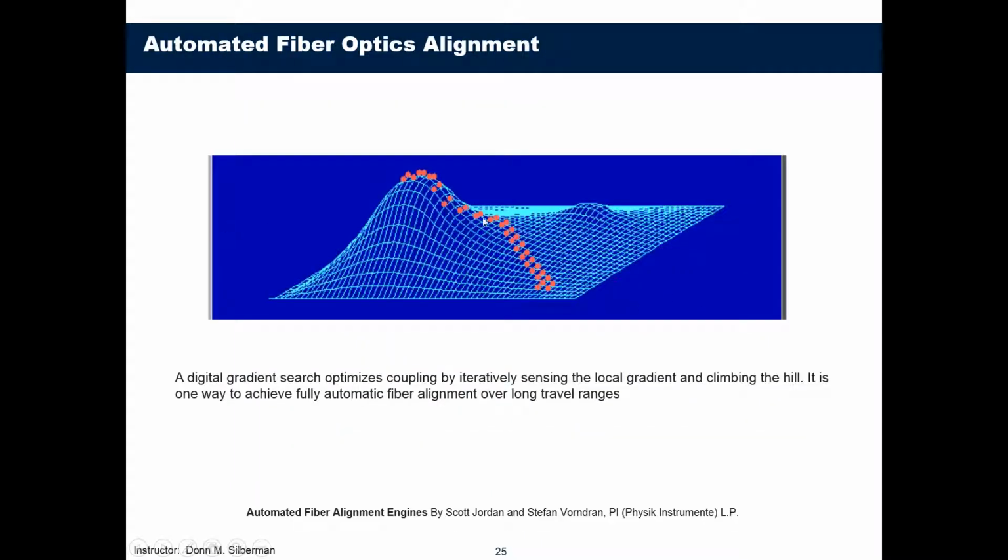And here is a little diagram of climbing up a hill of high intensity, so a digital gradient search. And Scott will talk a lot more about this in a few minutes, but just to give you an idea, you want to go to the highest intensity. How do you know when you've got the best alignment of a fiber optic into a waveguide or something? By getting the maximum intensity measured at the output.